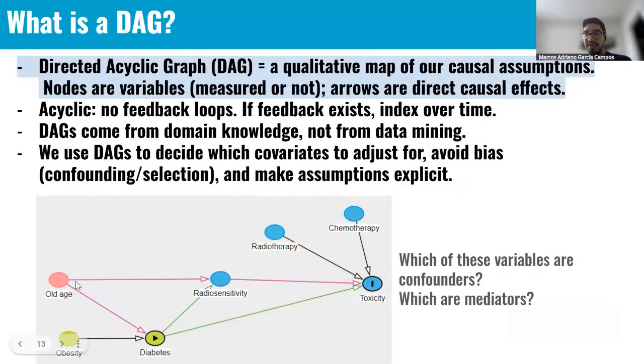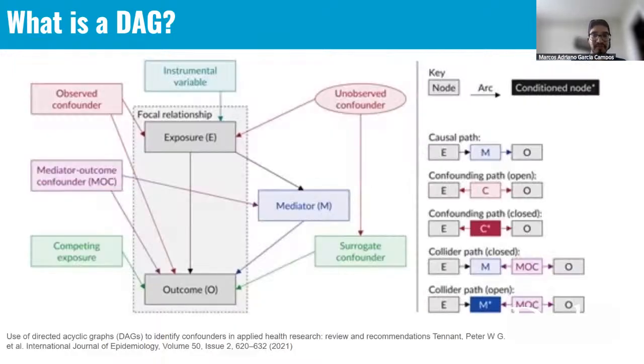How to adjust? The adjustment depends on your analysis plan, and sometimes you can use regression, logistic regression. You can use propensity score. You can use whatever kind of analysis to adjust for this.